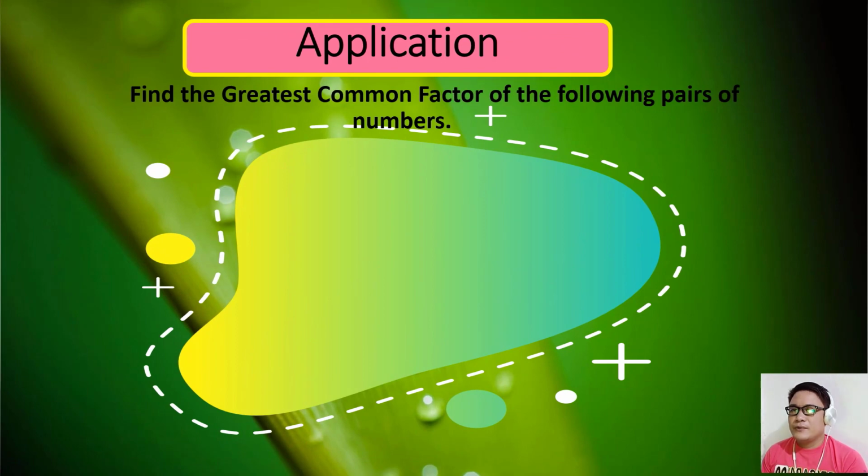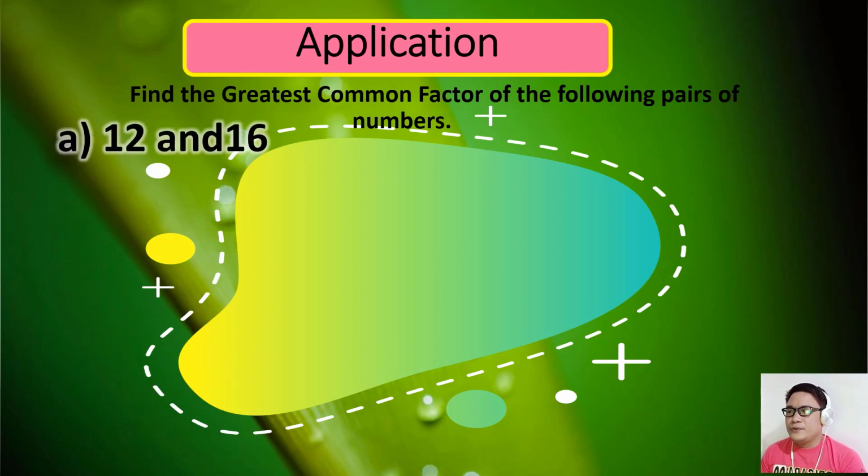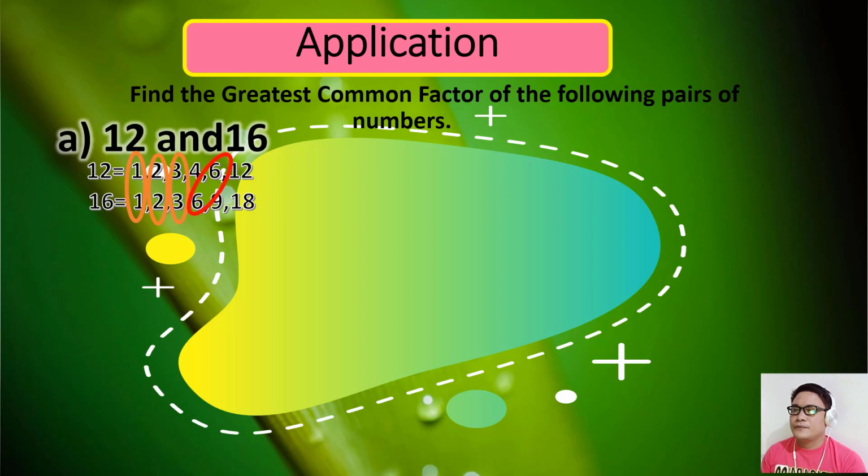Find the greatest common factors of the following pairs of numbers. First, we have 12 and 16. So the GCF of 12 and 16 is that is correct, 4. Next, we have 18 and 24.